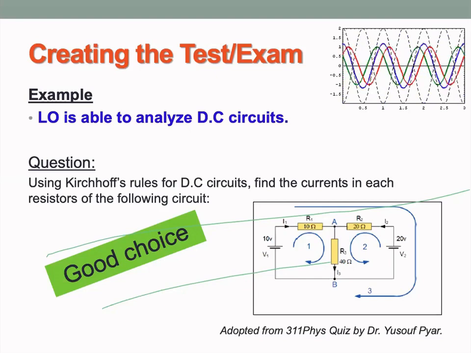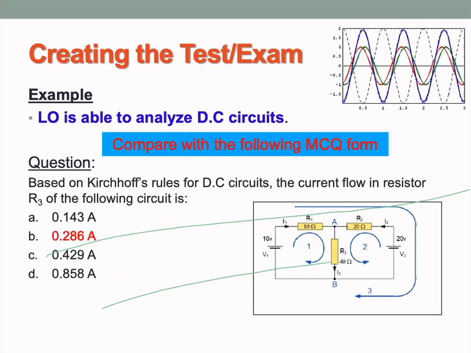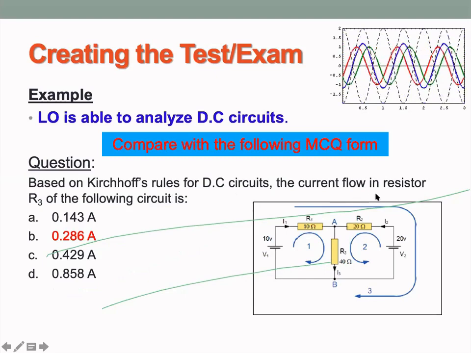But say I keep the same question, the same circuit, but change the format to MCQ. Based on Kirchhoff's rule for this circuit, the current flowing in the resistor R3 is A, B, C, D, for example. It's actually the same question.